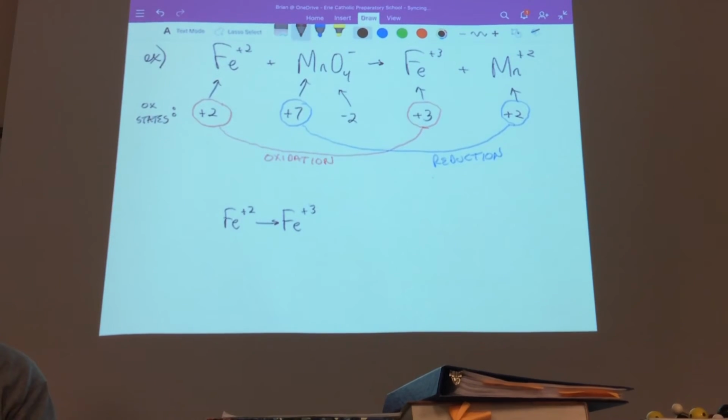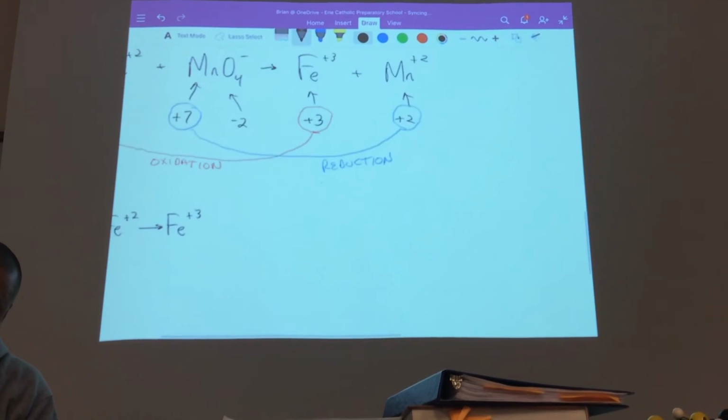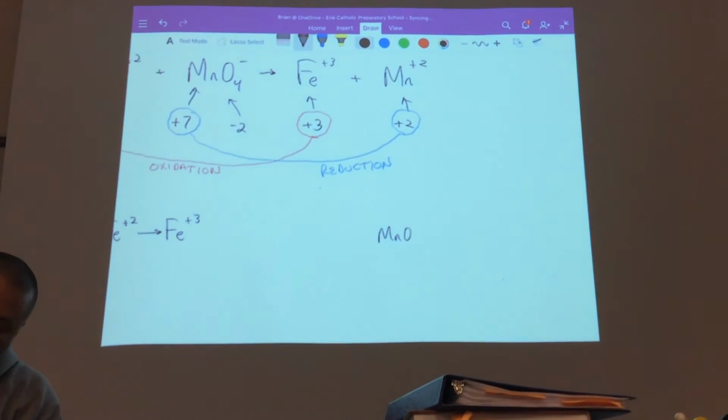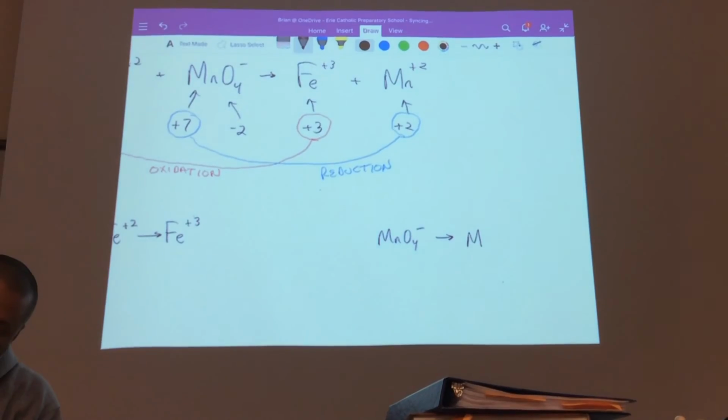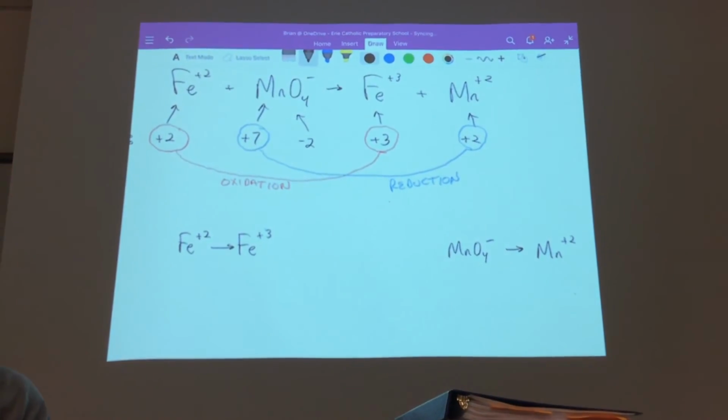I'm just drawing the connect the dots between the two things. That's my oxidation. Then I'm going to come over here, and my other half reaction is MnO4 minus going to Mn2+. So there are my two half reactions.